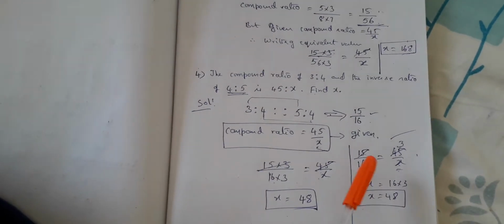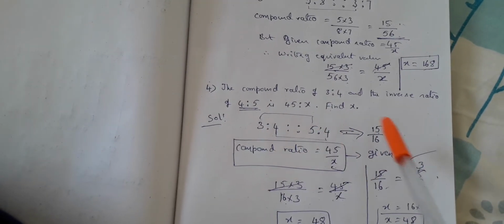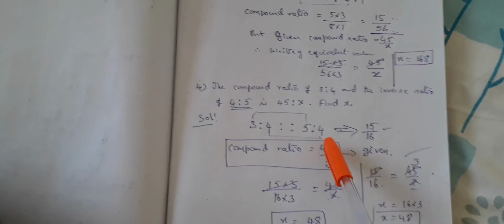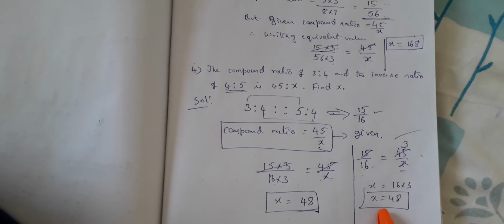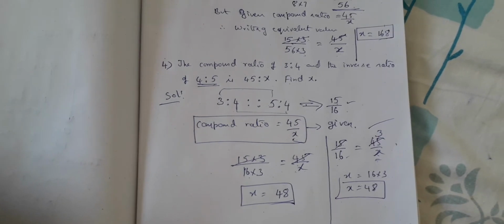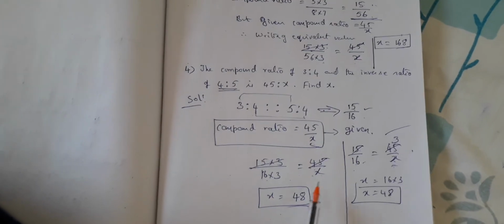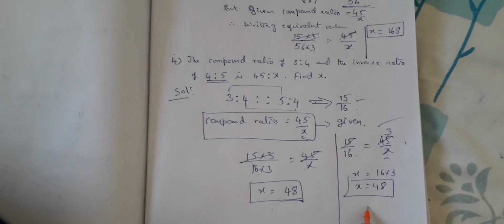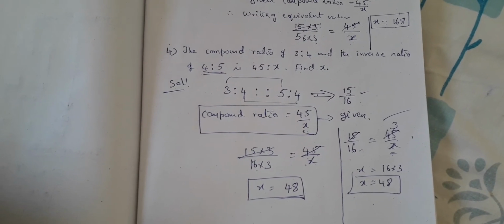Directly you can equate whatever compound ratio you get from the given values to whatever he gives as the compound ratio, and then simplify. You will get directly the simplest answer. The earlier was a very traditional way of doing it. It is not always necessary. You can also do it like this. Okay children, so pause the video and copy it down.